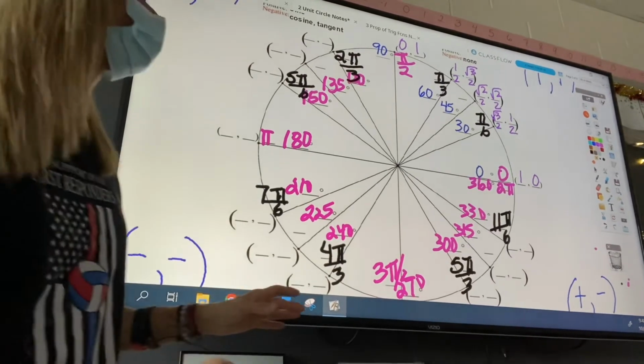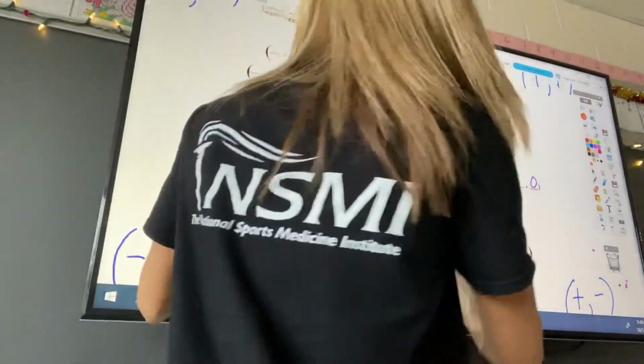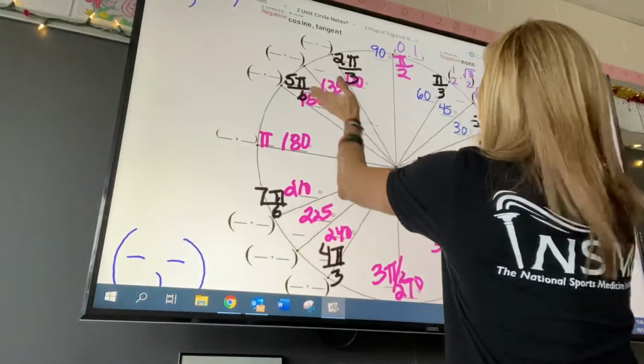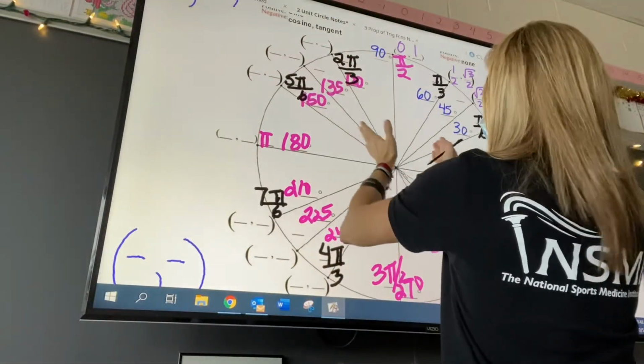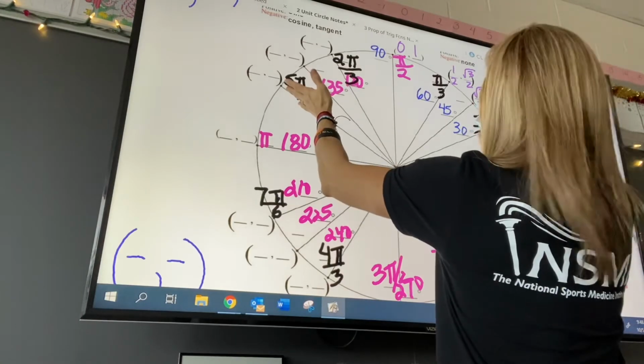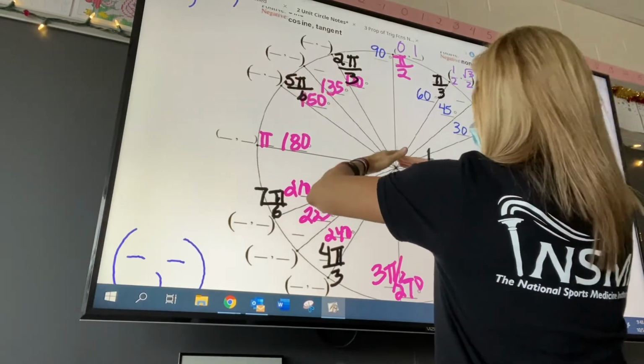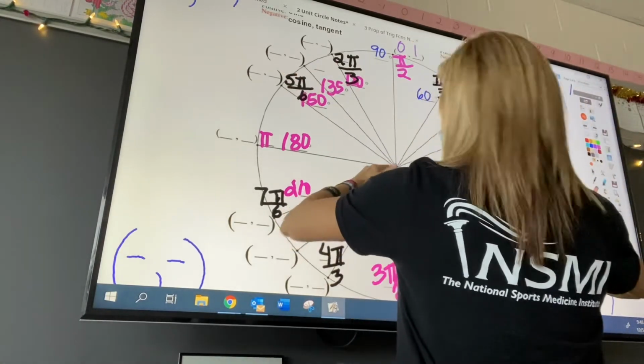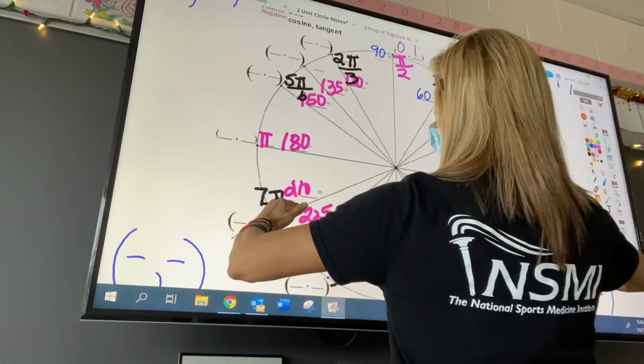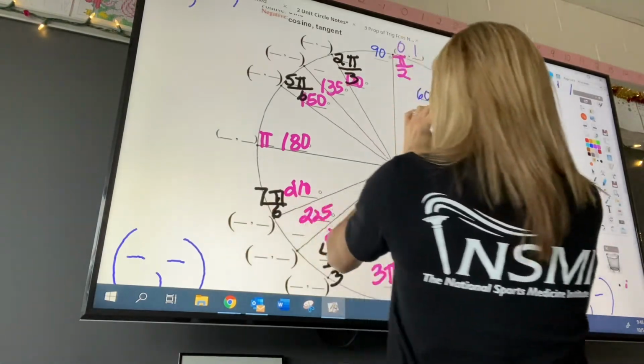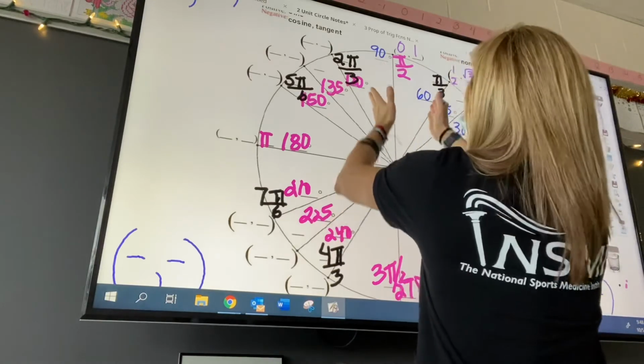You'll notice all of the short angles have a denominator of 6. See how there's pi over 6 and 5 pi over 6, and then in these quadrants we've got 11 pi over 6 and 7 pi over 6. And all the tall angles have denominators of 3.